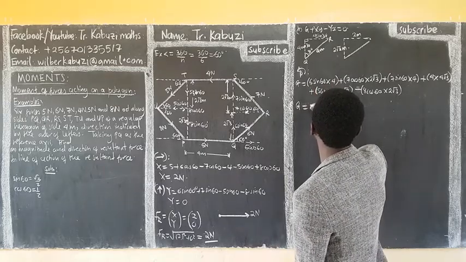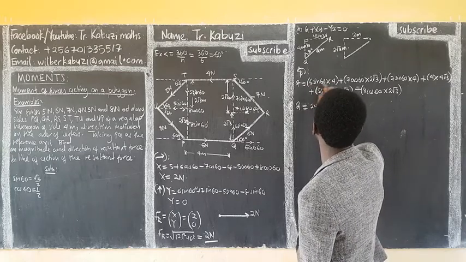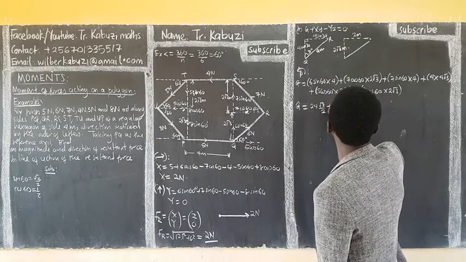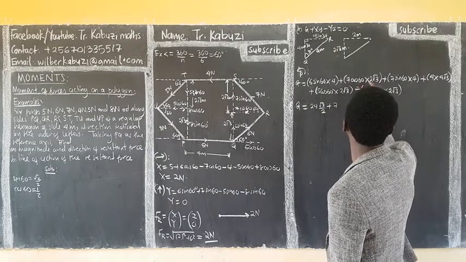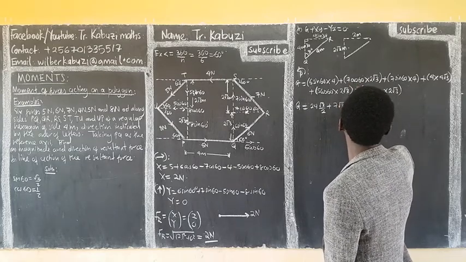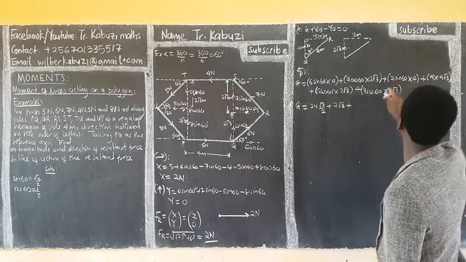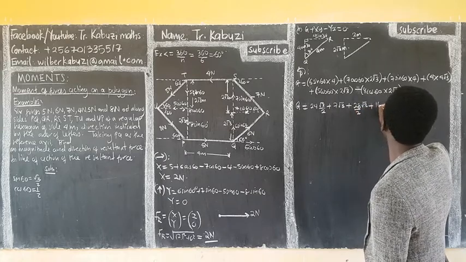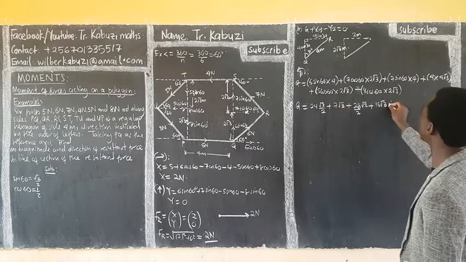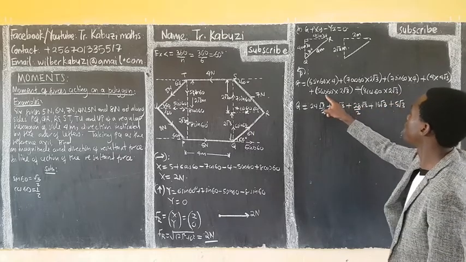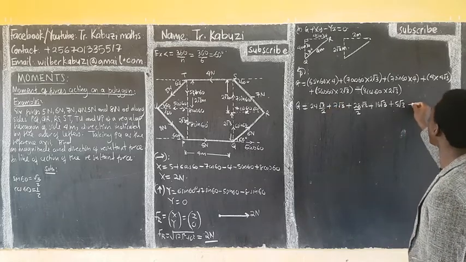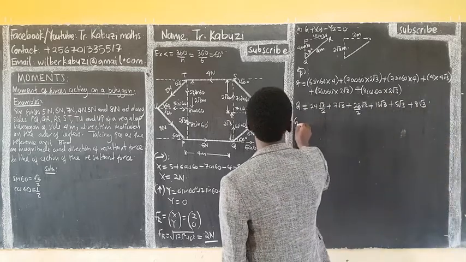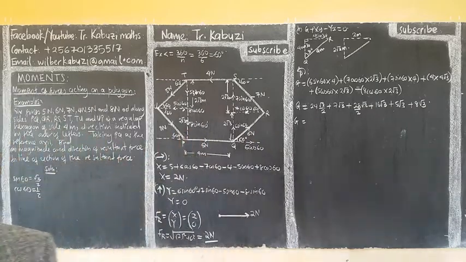This is going to be 24 root 3 over 2, then plus, this is going to be 7, because our half is going to cancel, so 7 root 3, then plus, this is going to be 28 root 3 over 2, then plus 16 root 3, then plus 5 root 3, this one, because this half is going to cancel, then plus, this is going to be 8 root 3.